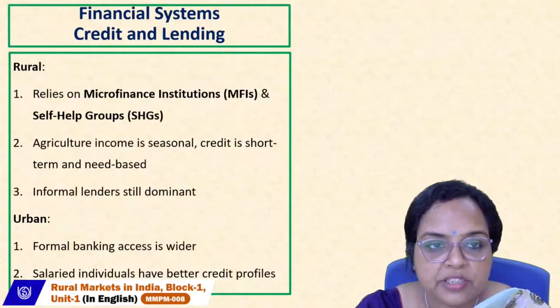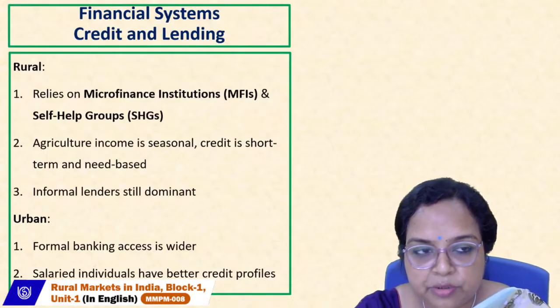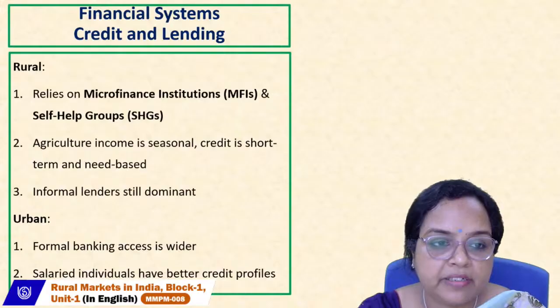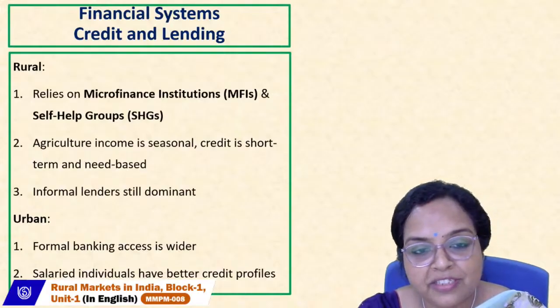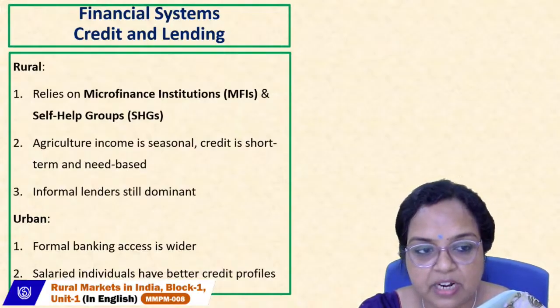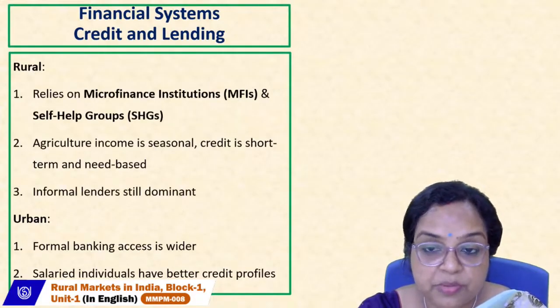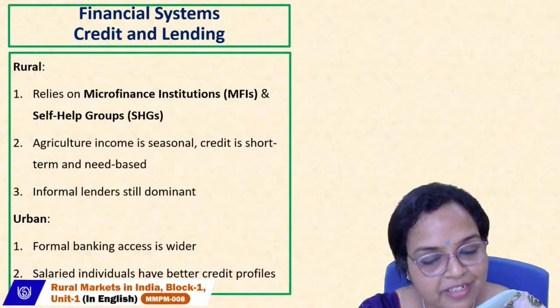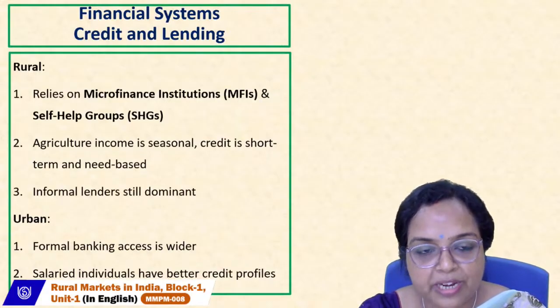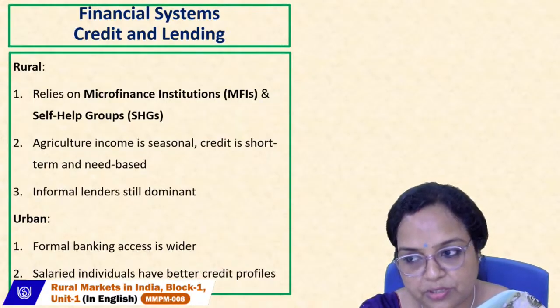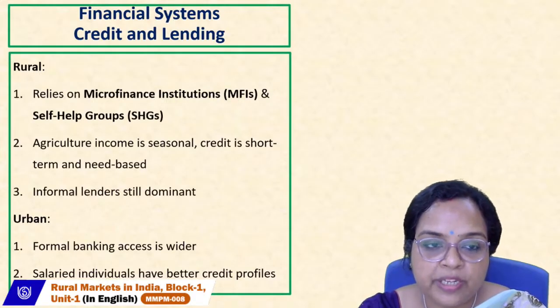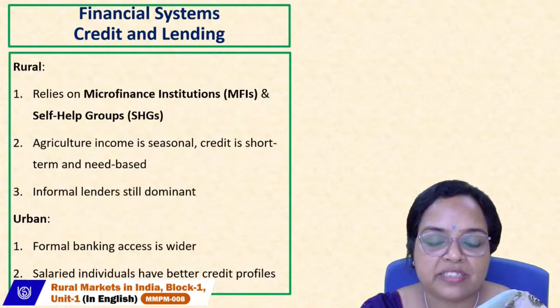Let's come to the financial system and credit lending system in the rural belt. The rural belt relies on microfinance institutions, that is MFIs, and self-help groups, which are close to the structure of sahukars. They still exist in the rural belt. They used to lend money to the person who is borrowing from them. Slowly, the rural belt is also seeing growth in money lending systems.